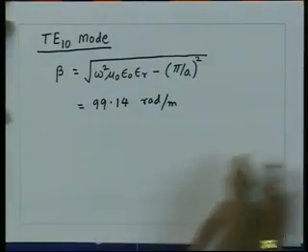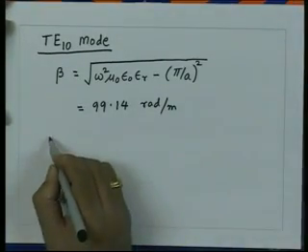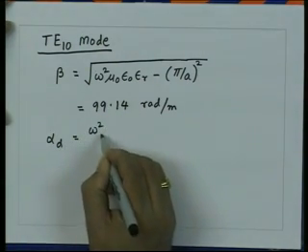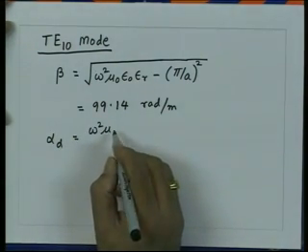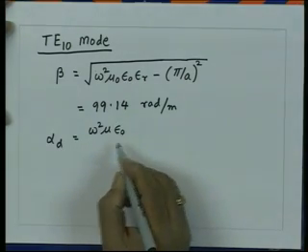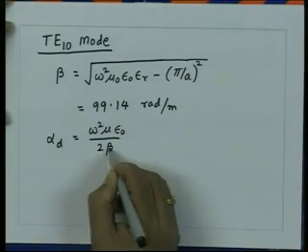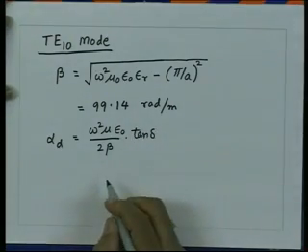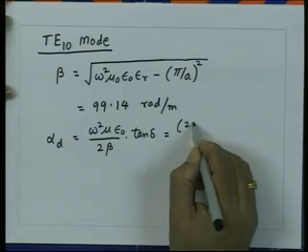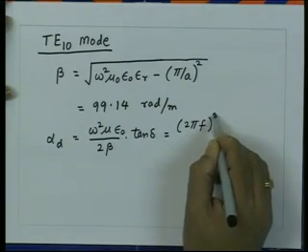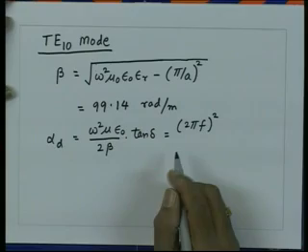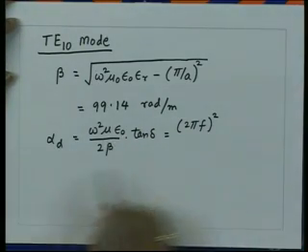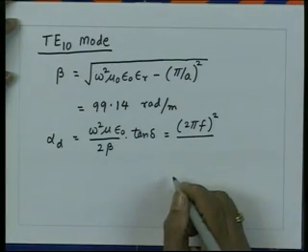Now, the attenuation constant due to dielectric loss, as we have derived, alpha d, is equal to omega square mu epsilon 0 upon 2 beta into tan delta. So, I can substitute here 2 pi into frequency square, and this quantity mu into epsilon 0 will be 1 upon velocity square.